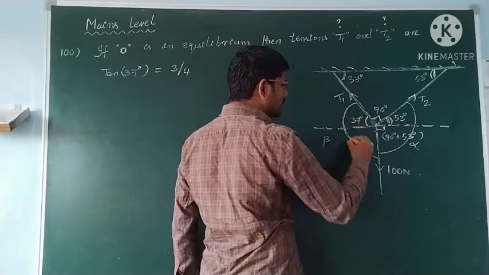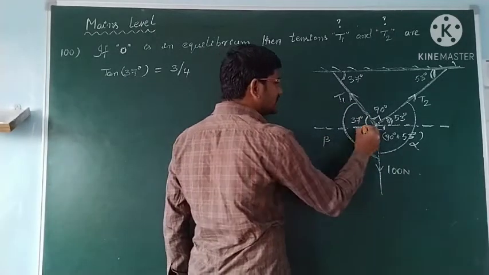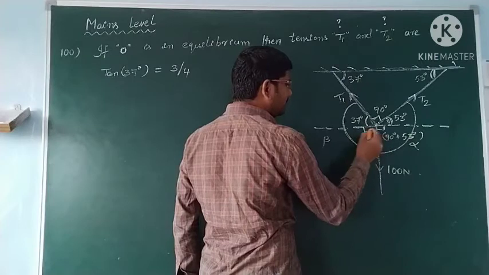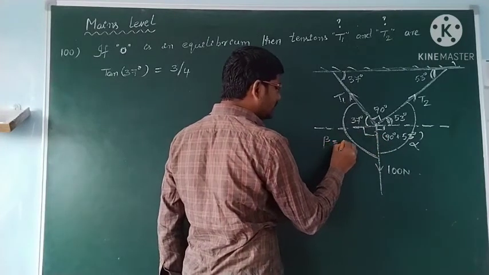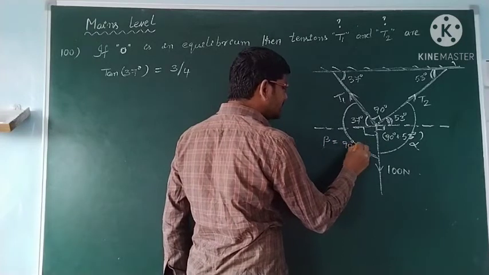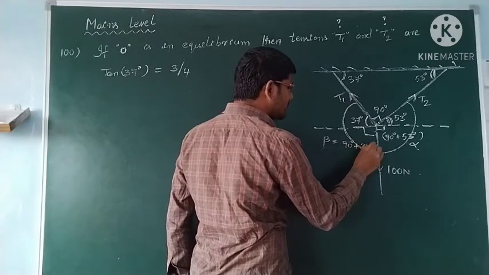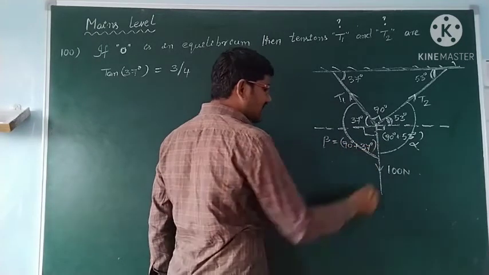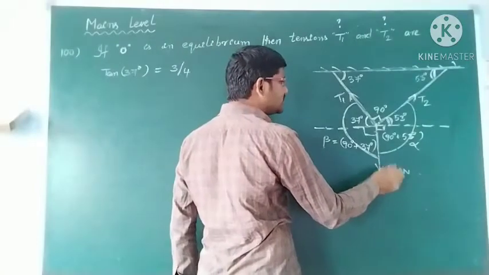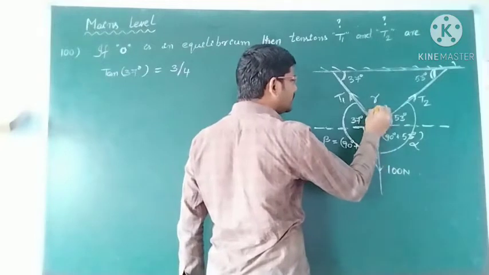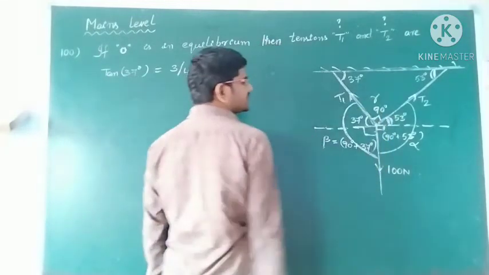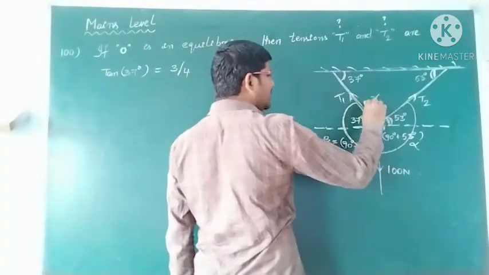This angle is 90, so beta is equal to 90 degrees plus 37 degrees. And the angle opposite to this force is called gamma. Gamma is equal to 90 degrees.